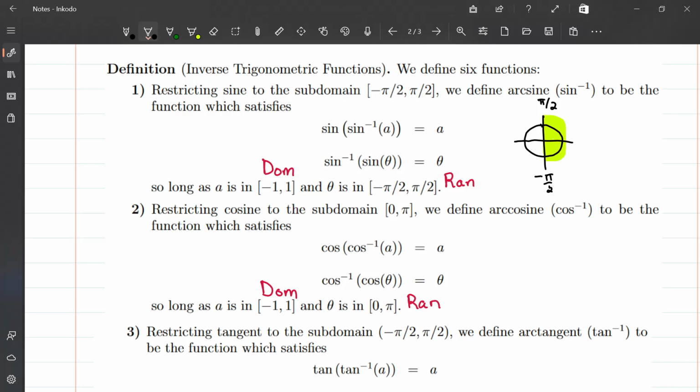Then we have a one-to-one function. Once we have a one-to-one function for sine on this subdomain, we can define arcsine, an inverse.